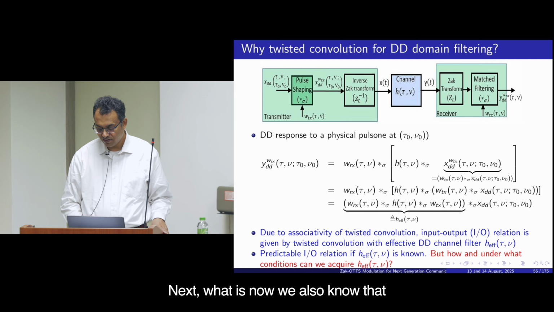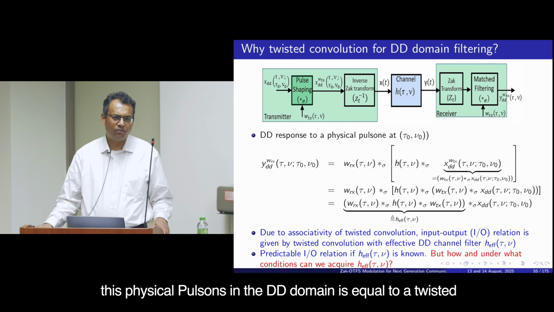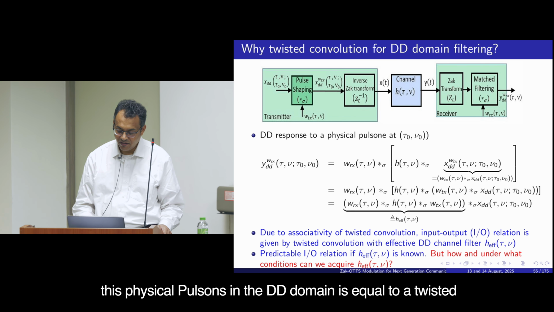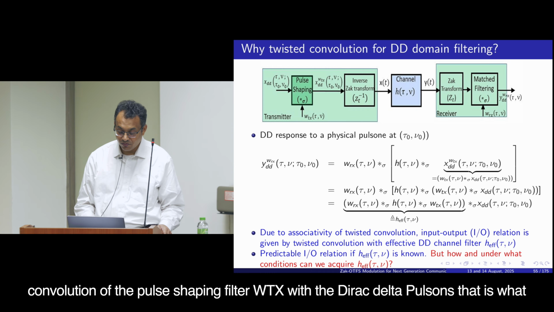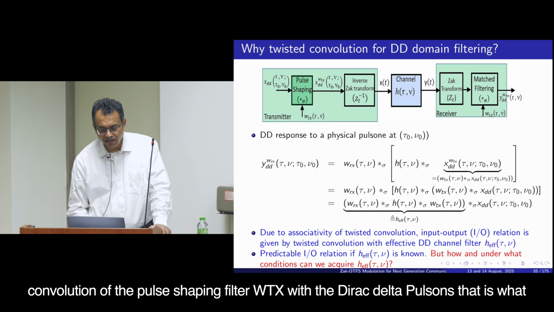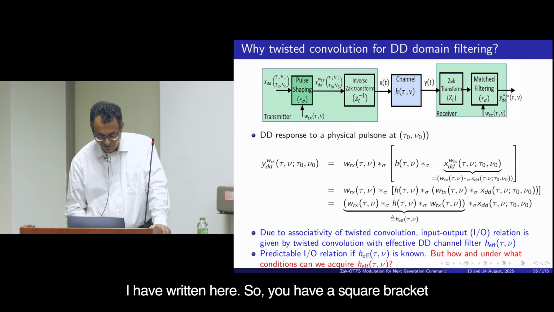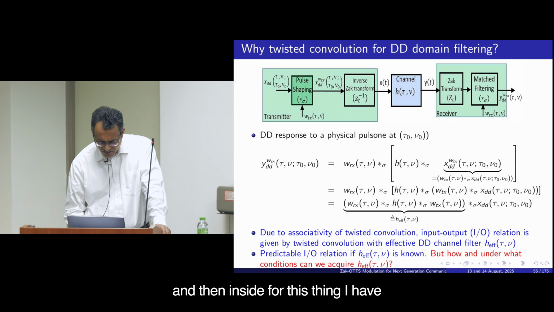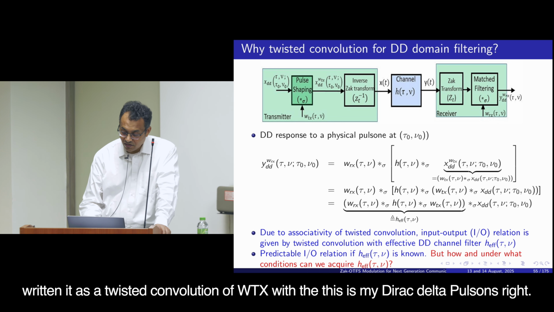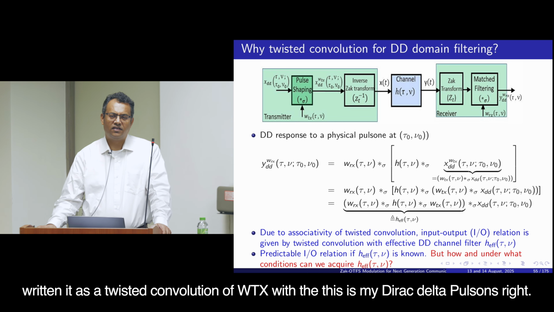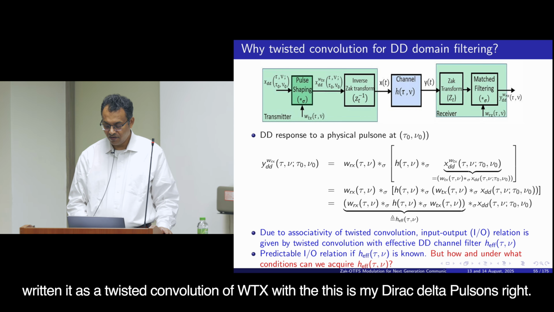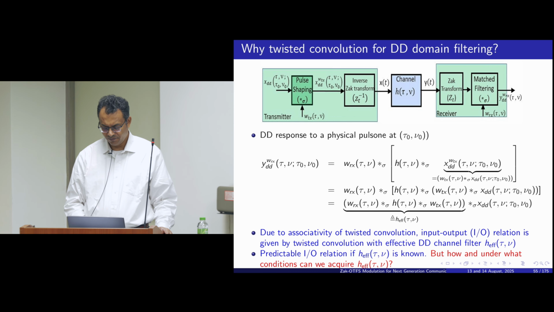Next, we also know that this physical pulson in the DD domain is equal to a twisted convolution of the pulse shaping filter WTX with the Dirac delta pulson. That is what I have written here. So, you have a square bracket, and inside it I have written a twisted convolution of WTX with this Dirac delta pulson.